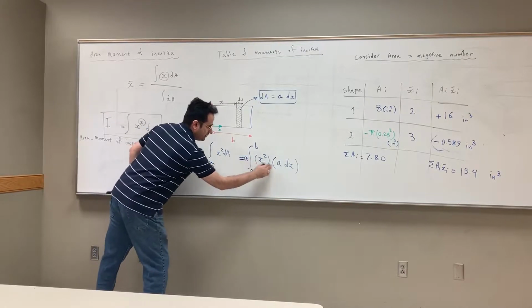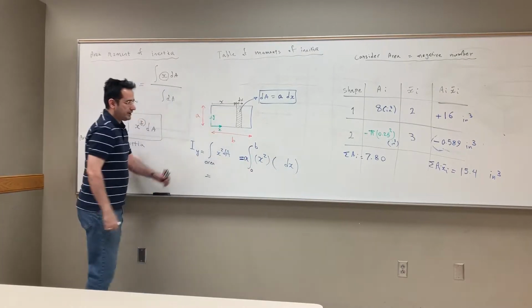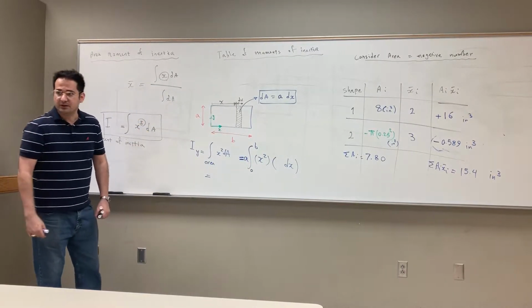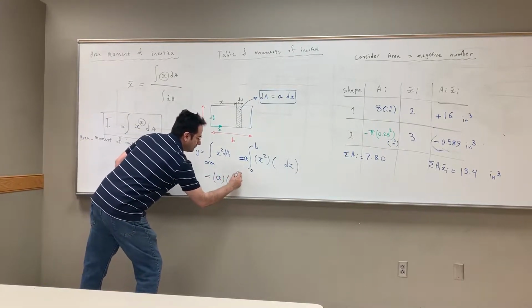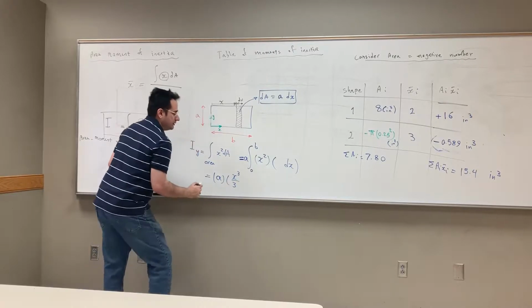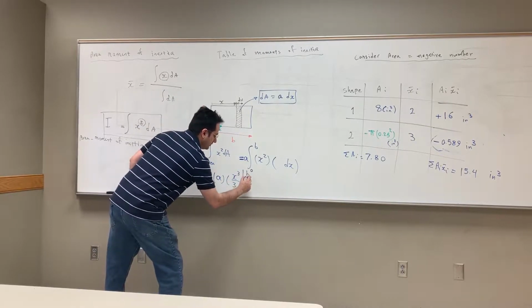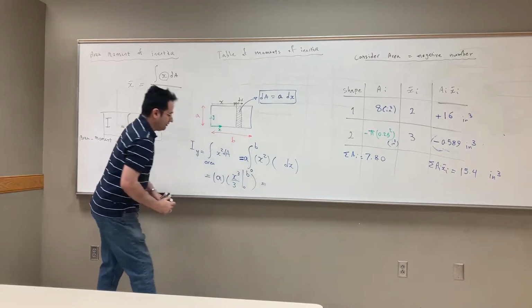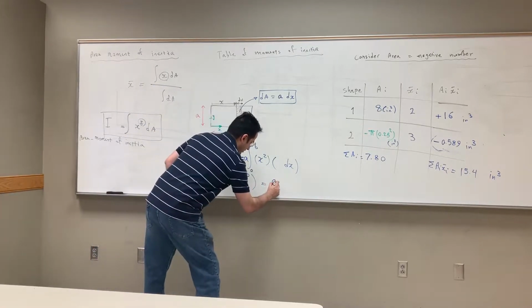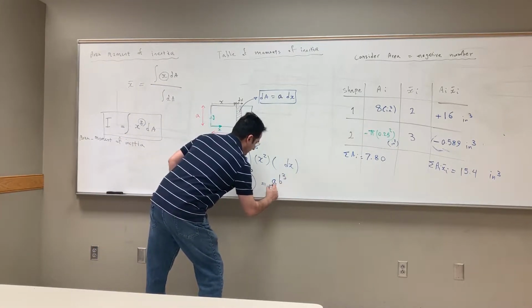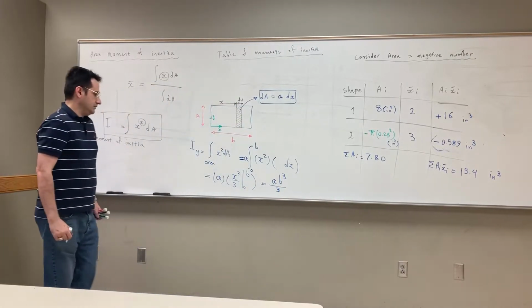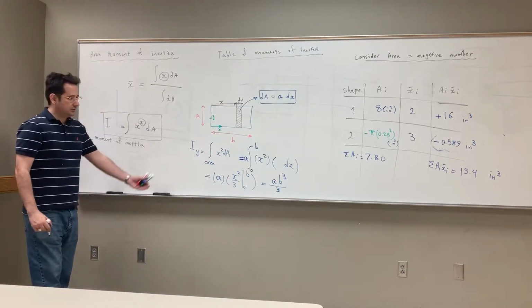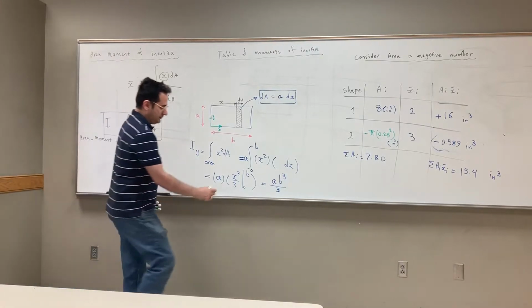So x squared becomes x to the third power; A times x cubed over 3, from 0 to b. So that's going to be A b cubed over 3. That's the final answer.